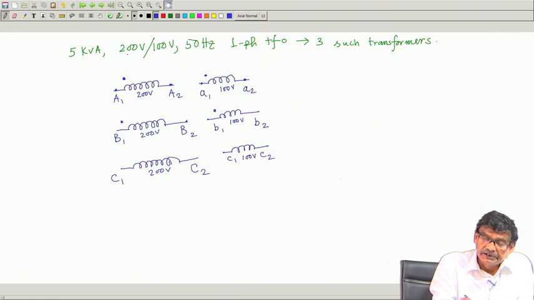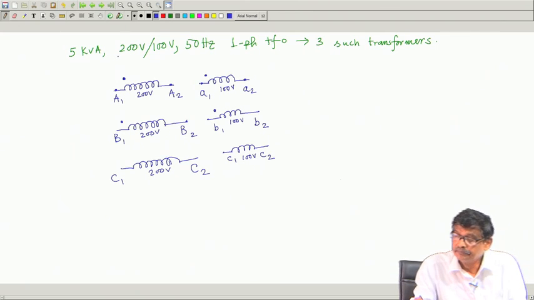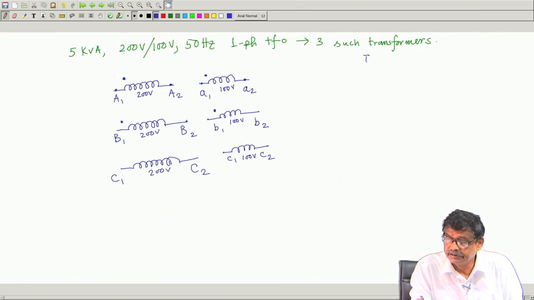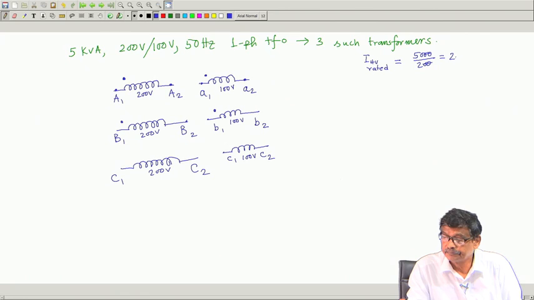know the rated current of this side as 5000 by 200. I write it here, IHV rated is equal to 5000 by 200, 25 ampere.